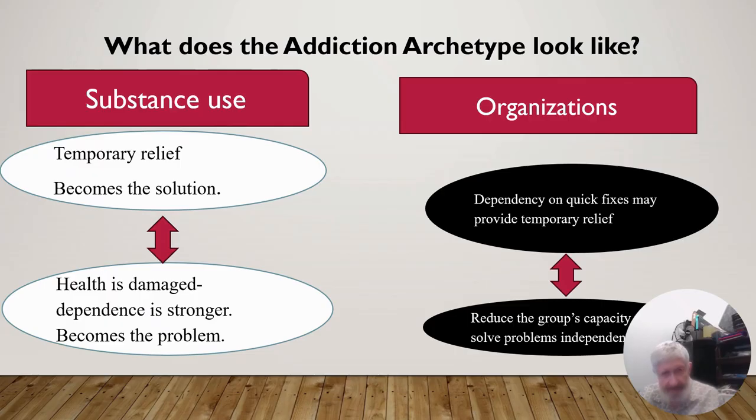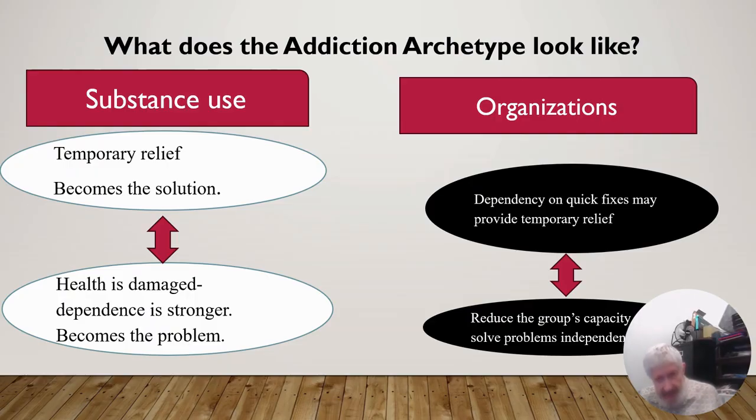Well, in substance addiction, the drug temporarily relieves discomfort. And over time, using the drug damages health and leads to stronger dependence, while the root cause, trauma or stress, is left unattended.